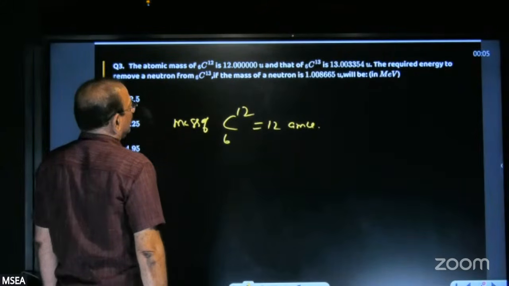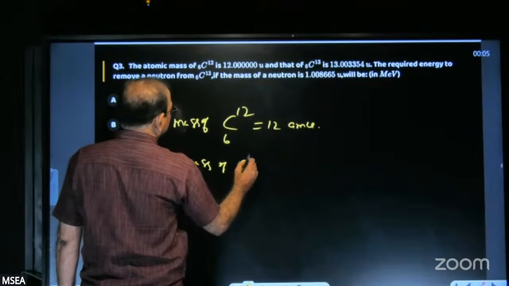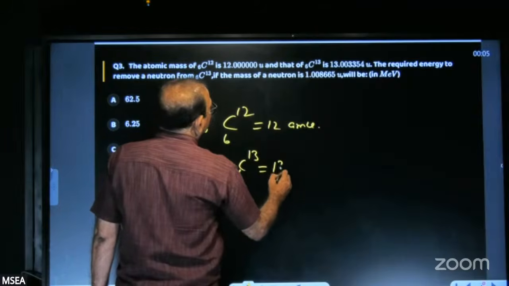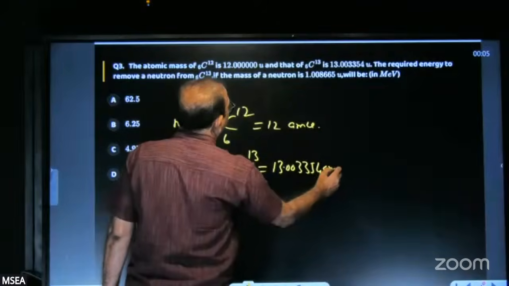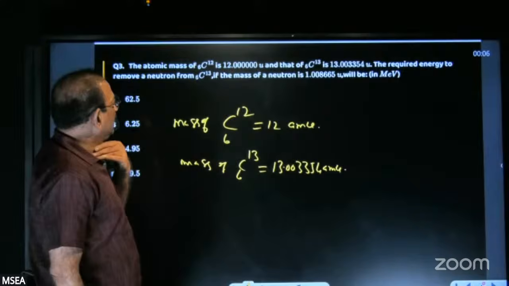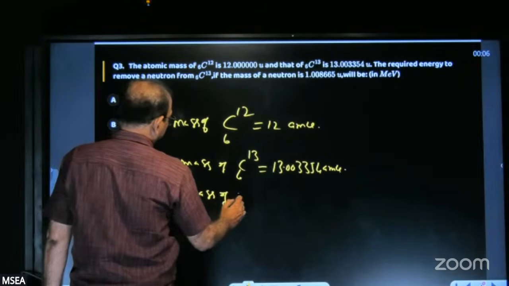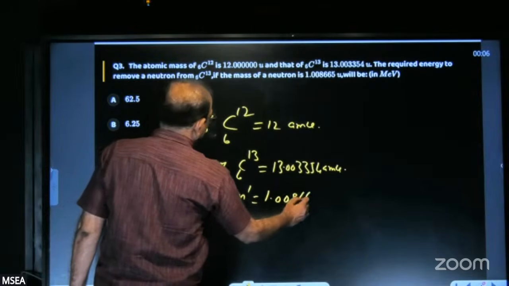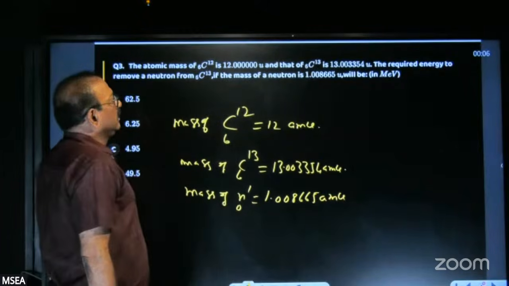Mass of carbon 13, 6C13 isotope, is 13.003354 AMU. Mass of one neutron is given as 1.008665 AMU.